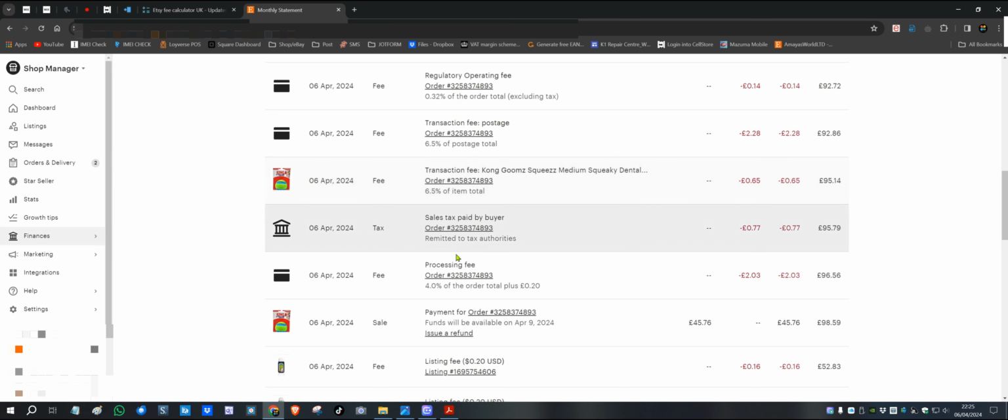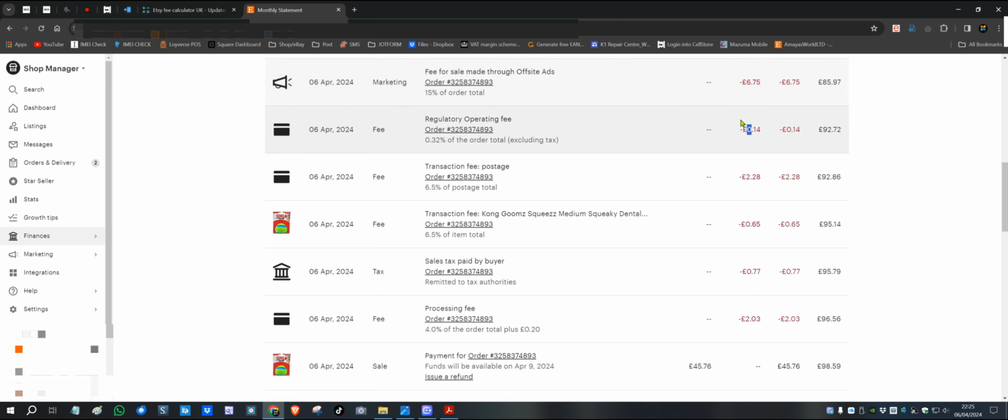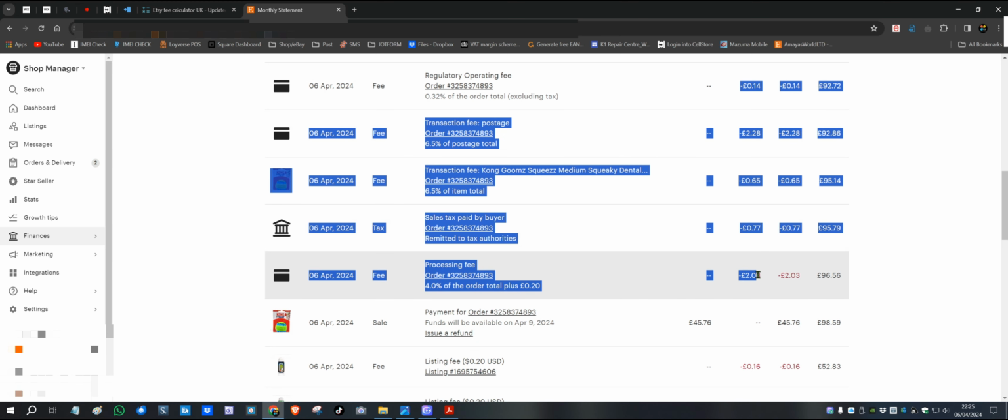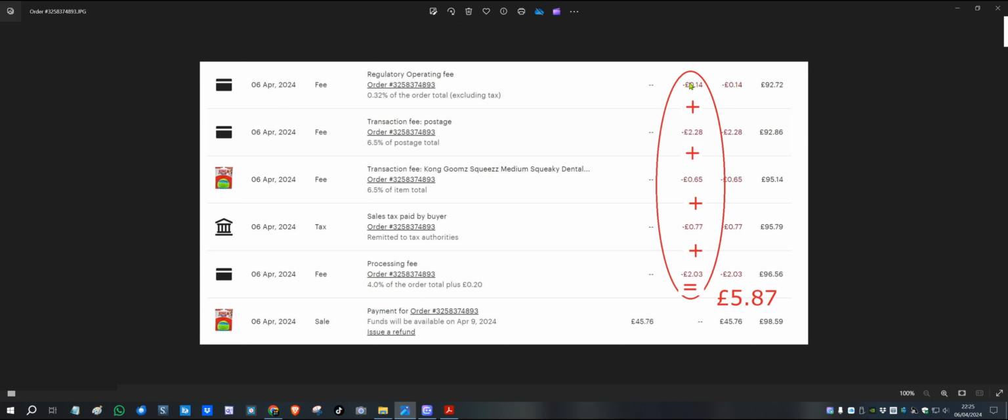Transaction fees, processing fees, 65 pence. Transaction fee on postage, £2.28. Regulatory operating fees, 14 pence. But you can see here, if you calculate all these fees, 14, 228, 65, 77, they come to £5.87.